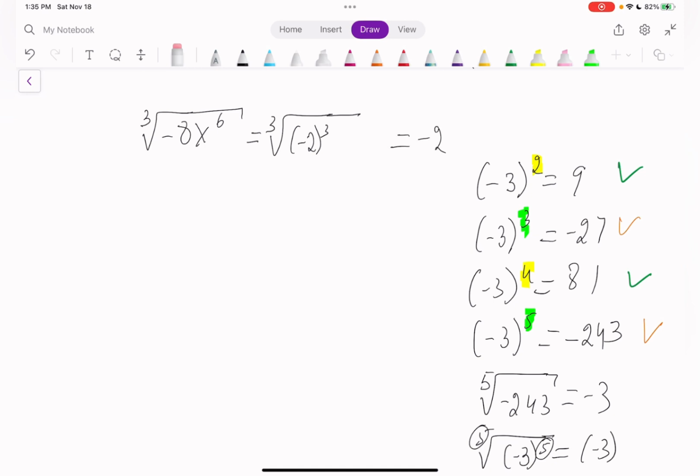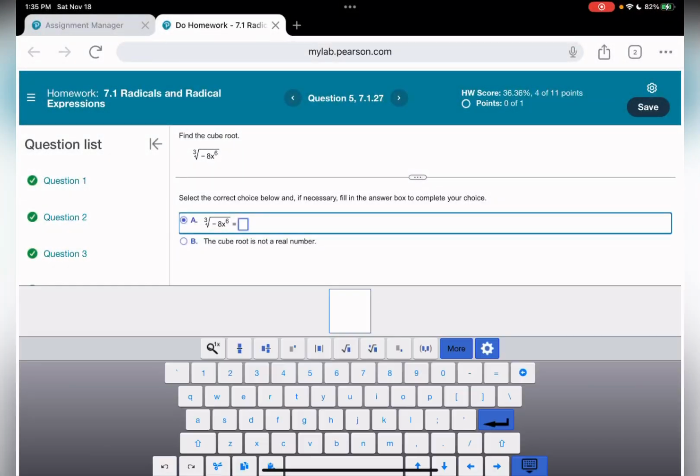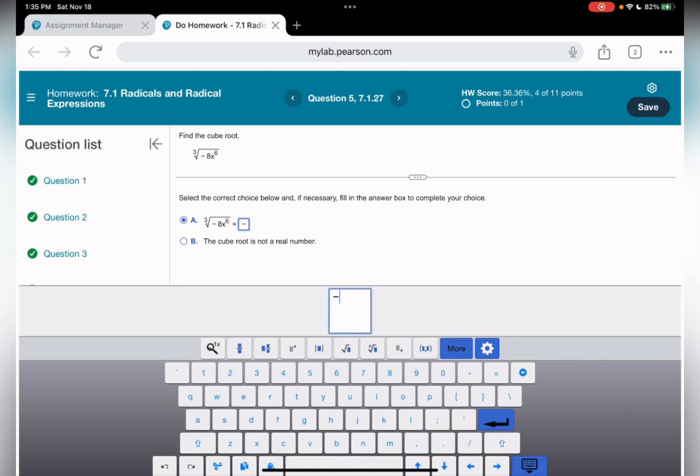X to power 6 is going to be much easier, because I'm going to do 6 divided by 3, and I'm getting x to power 2. Negative 2x squared.